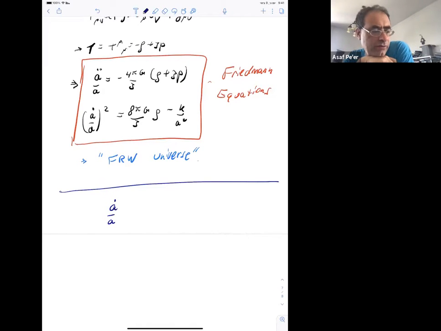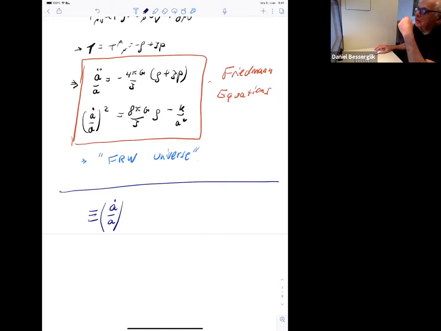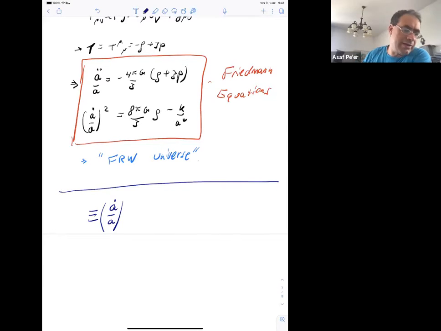Does any of you have any clue of how we call this rate of change? Rate of expansion of the universe. Hubble. Very good. So this is after Hubble. This is called H, and that's called Hubble's parameter.